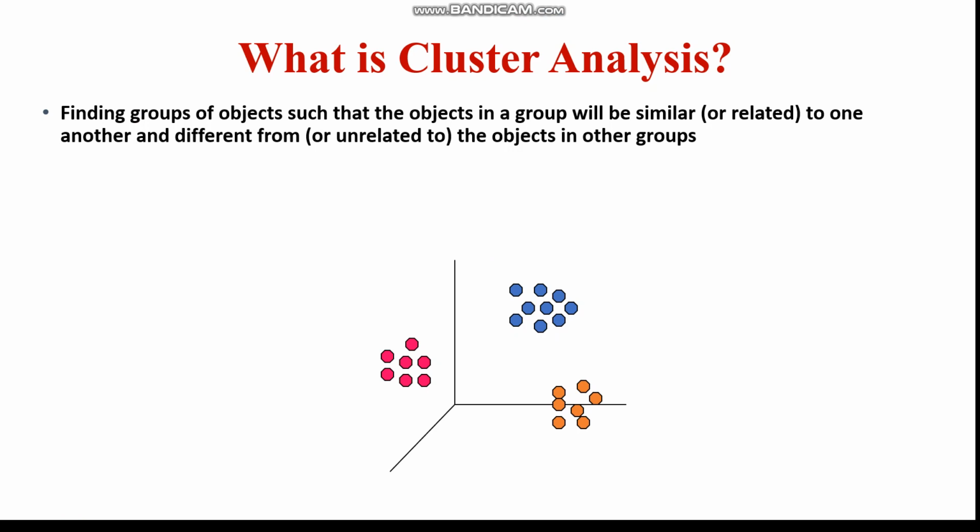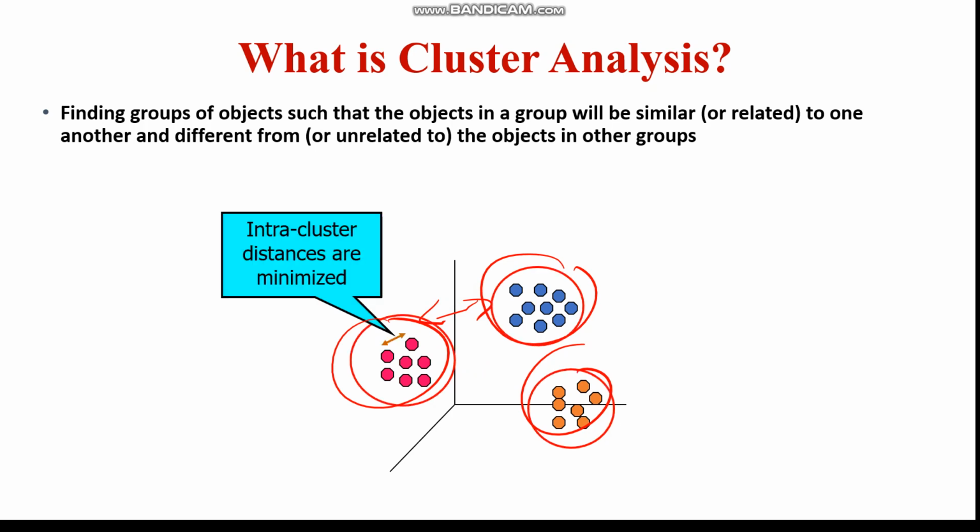Cluster analysis is just finding the group of objects, such that the objects in a group will be of similar type to one another and they are different from others. In this case we can say there are three clusters. These data items are of three types and they are different from others. So there is similarity among themselves and differentiation from the others.